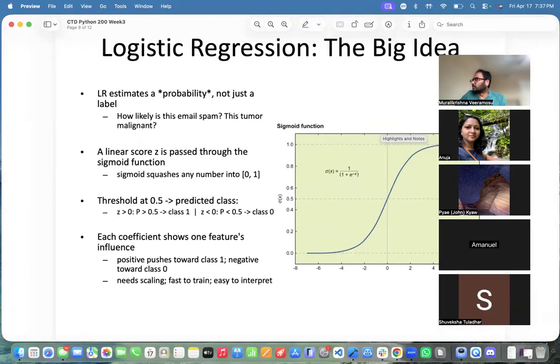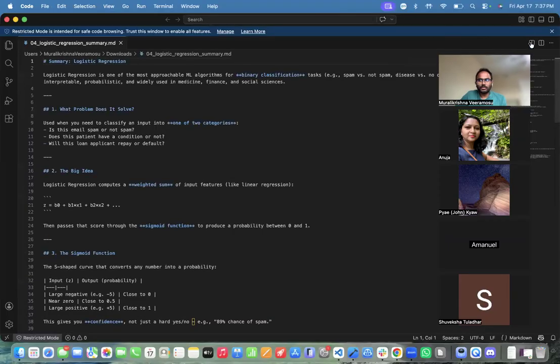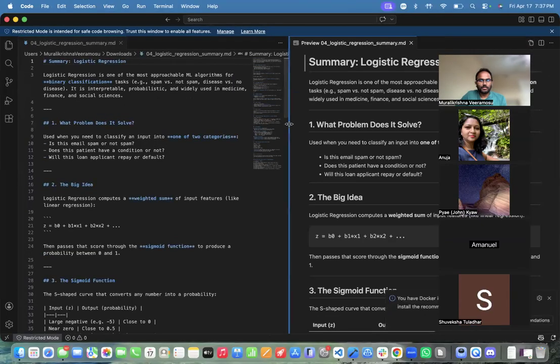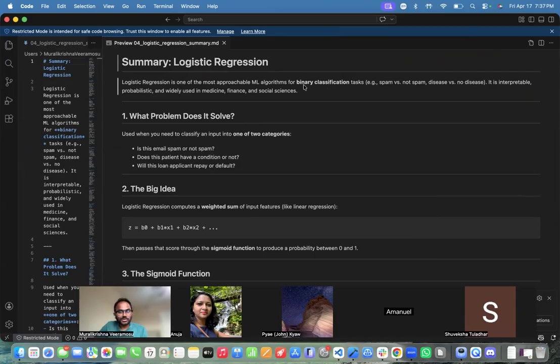Logistic regression is used to solve the binary classification problem.